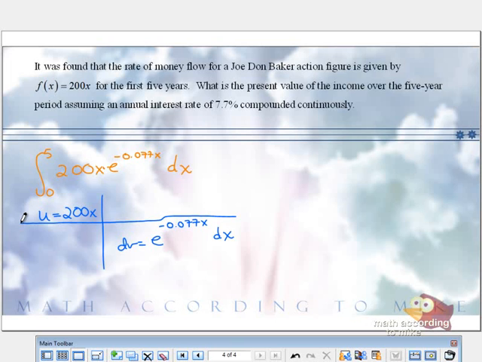If you would, please find the derivative of u and the antiderivative of dv. I'll do the hard one for you. So to do this integration, that's where that k is going to come involved. You're going to have v equals 1 over k e to the kx.